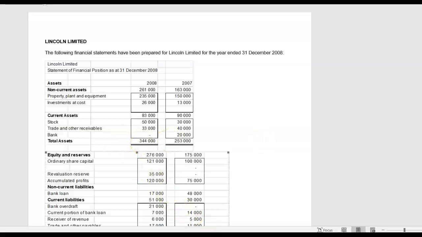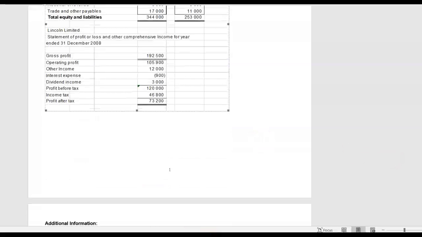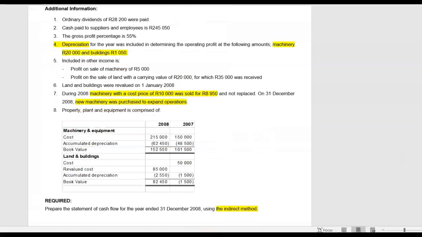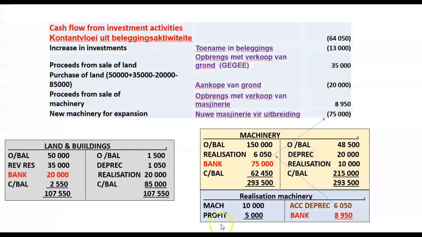Now the way that I have done this calculation was to put the accumulated depreciation for the land in this one combined account as well.